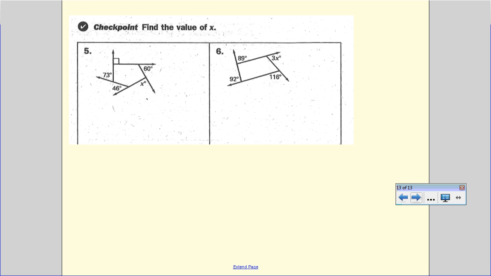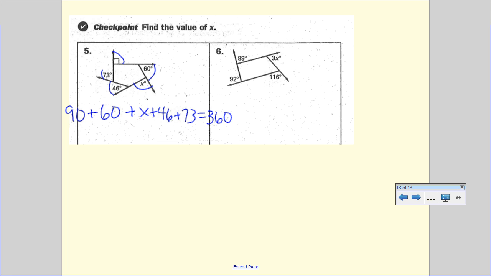All right, we've got 2 checkpoints. I'll do one with you, and you guys need to do number 6 on your own. This is 90 plus 60 plus x plus 46 plus 73. We know that those angles together have to equal 360 degrees.